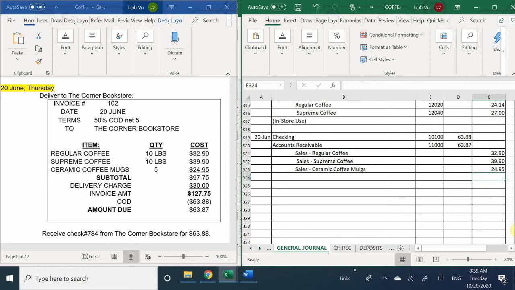And then the delivery charge. What's the delivery charge called? Look at your chart of accounts. Delivery income.